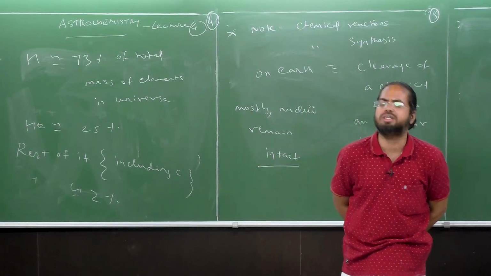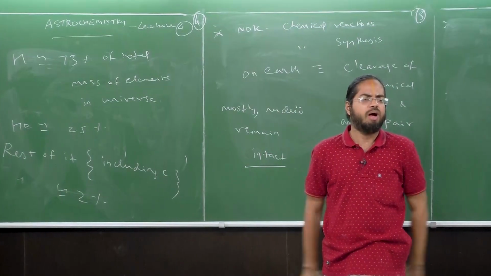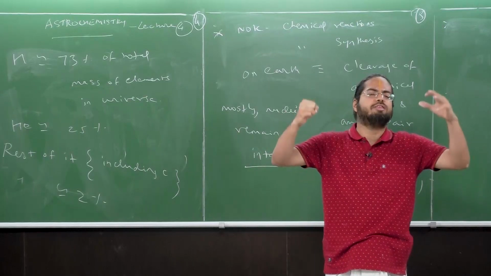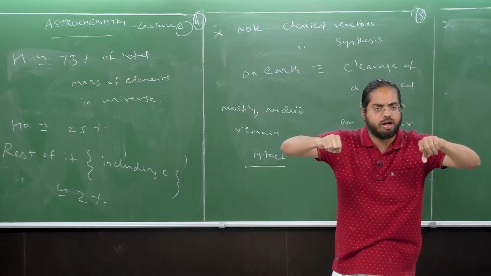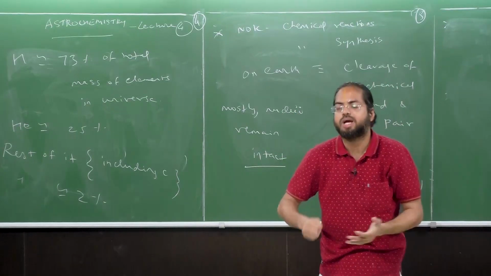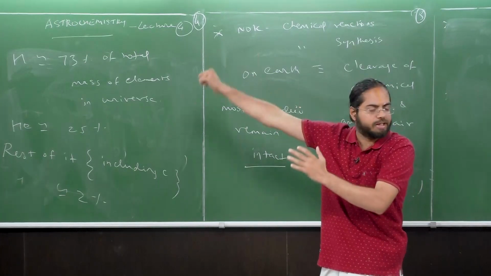So once this hydrogen and helium were formed, these smaller elements can always fuse together in more nuclear reactions to give rise to more and more complicated elements.